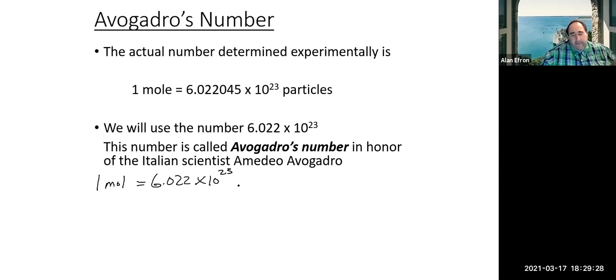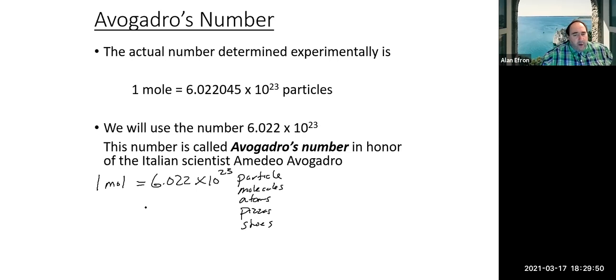The units could be particles. They could be molecules. They could be atoms, if you're talking about atoms. They could be pizzas, since it's dinner time. Shoes, not because it's dinner time. They really can be anything you want in terms of the units, but the number is always the same.